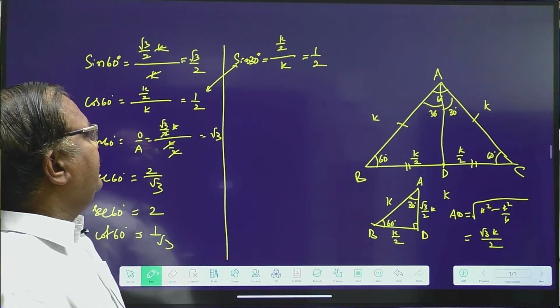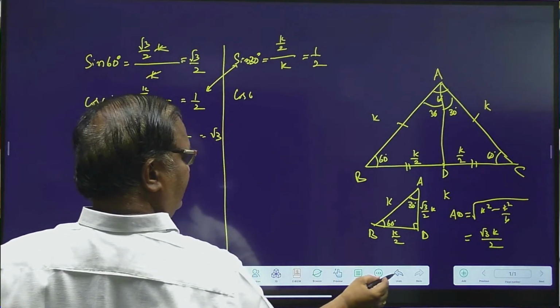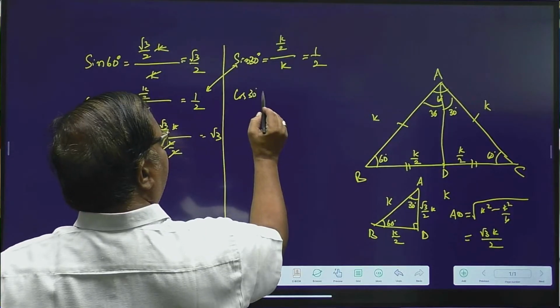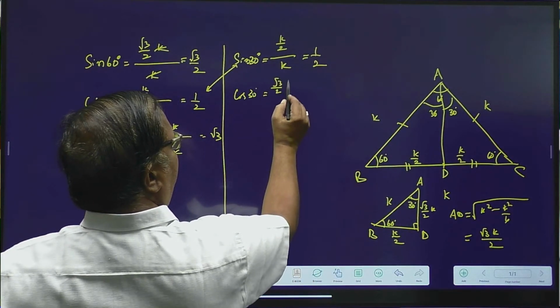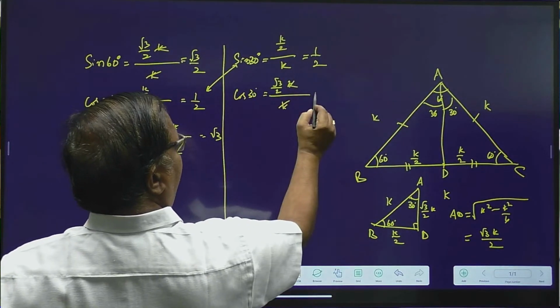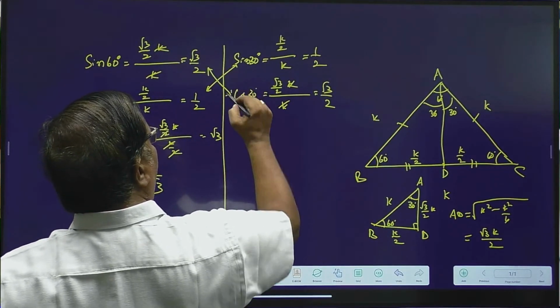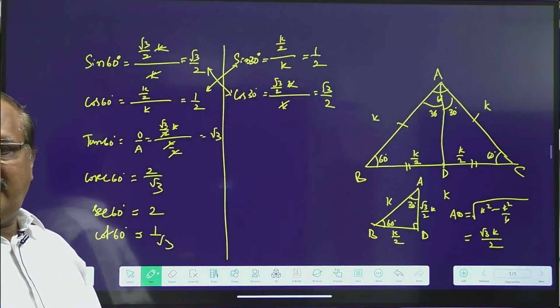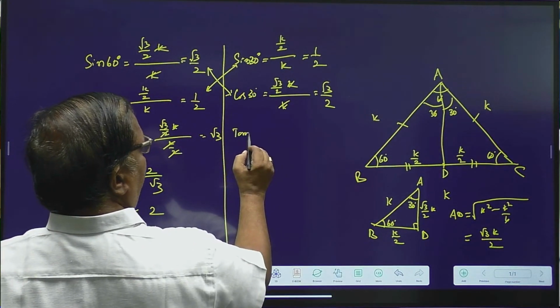Okay. Now cos 30. How much is cos 30? Adjacent side is root 3 upon 2 k by hypotenuse k. K will get cancelled, root 3 by 2. Accordingly we can now write tan 30.